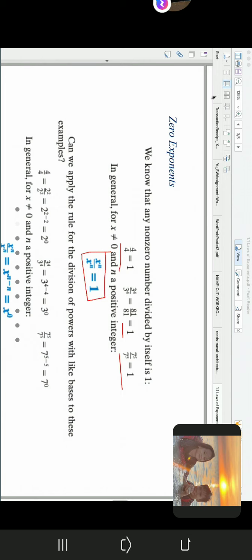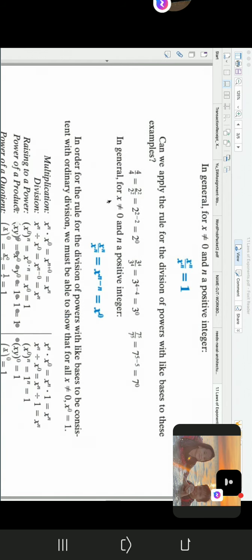So this is 1. We can also apply the rule for division of powers with like bases to these examples, x to the power of a minus b. Here, for example, 2 squared over 2 squared, then 2 to the power of 2 minus 2, we apply the division rule, so that is equal to 2 to the power of 0.